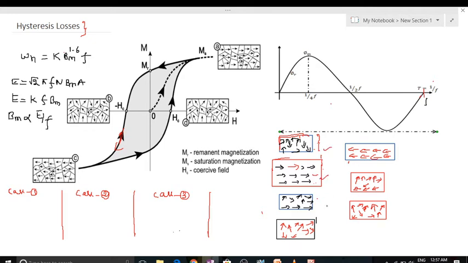And due to this changing area, changing dimensions from small rectangular area to large rectangular area, nothing but from this position to this position the expansion, and from this position to this position again compression, then from this position to this position expansion takes place.